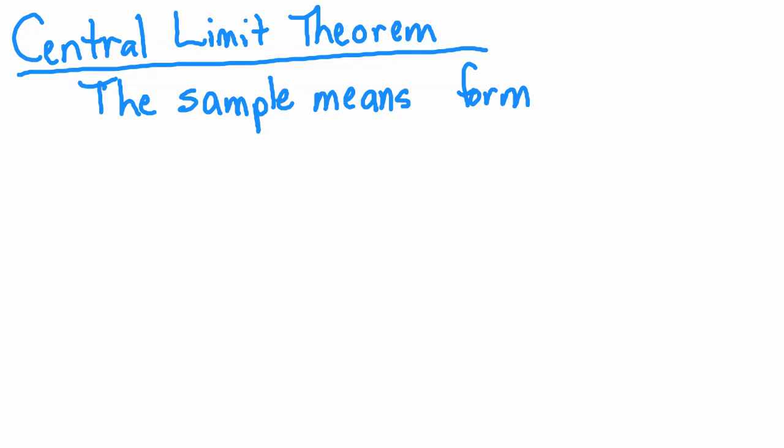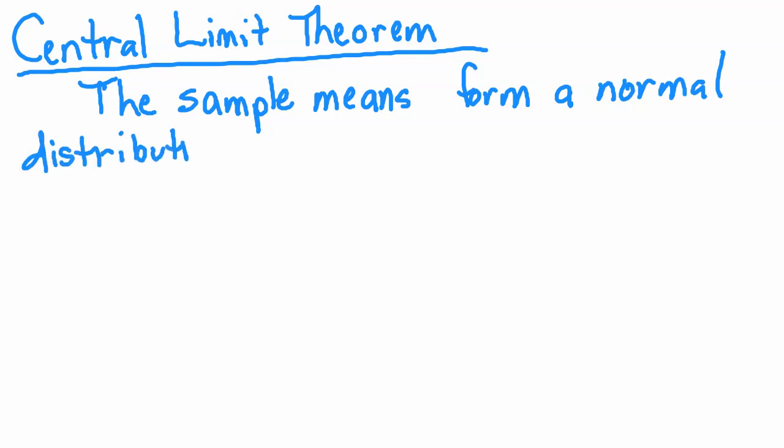I mean, you need to read about it. I'm just going to do a one sentence deal on it. The sample means form a normal distribution. That means it's a bell-shaped curve. Even if the original is not normal.